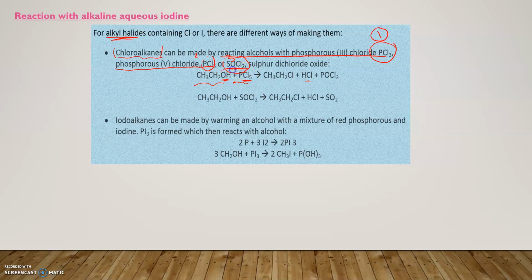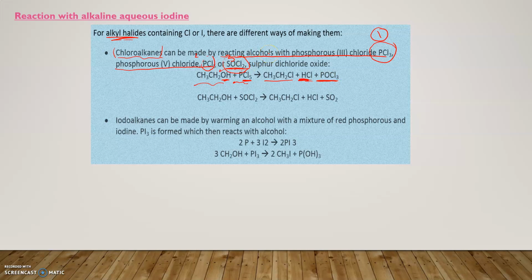One chlorine will substitute the OH there. This is a chloroalkane. And another one will react with hydrogen to form HCl, and then POCl3. This is convenient.